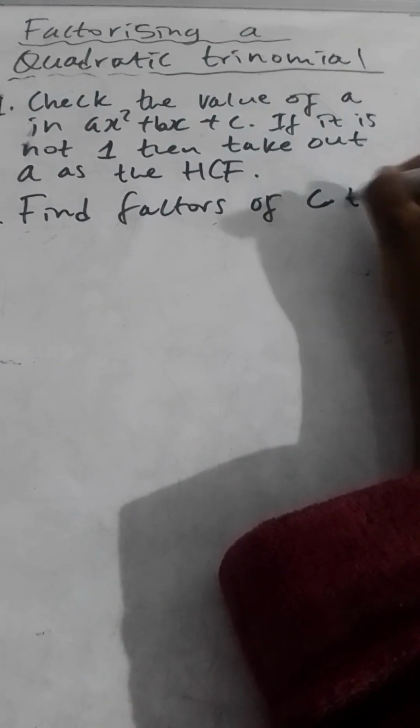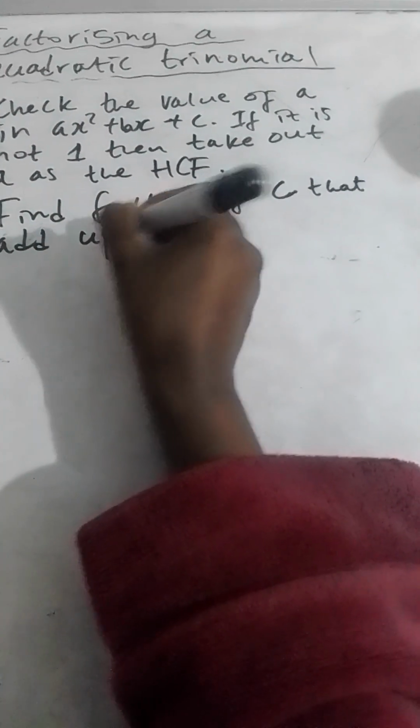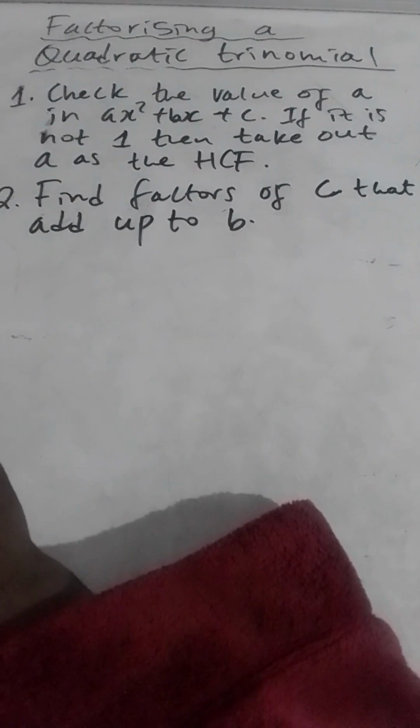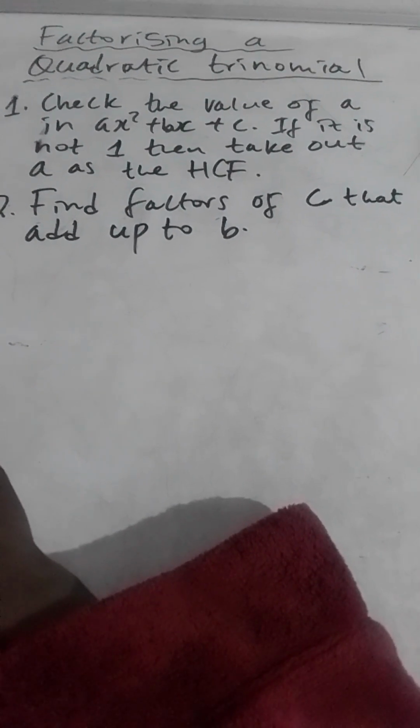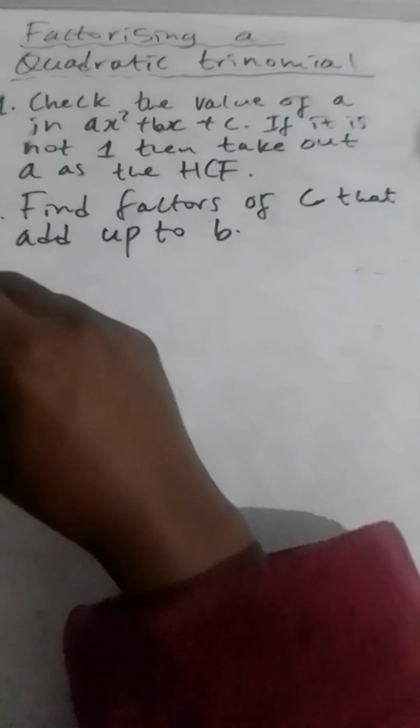The factors of c that add up to b. In other words, you find factors of c that will add up to b. When you add them together, you get b. But if you took out a, then the b will be different from the original one.